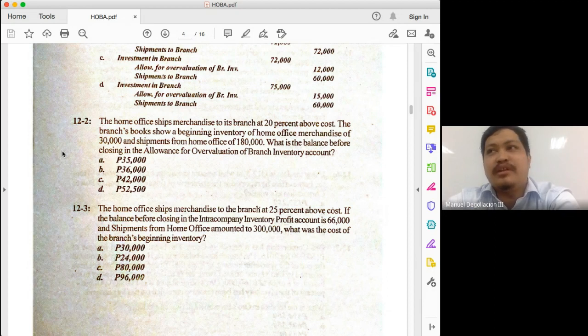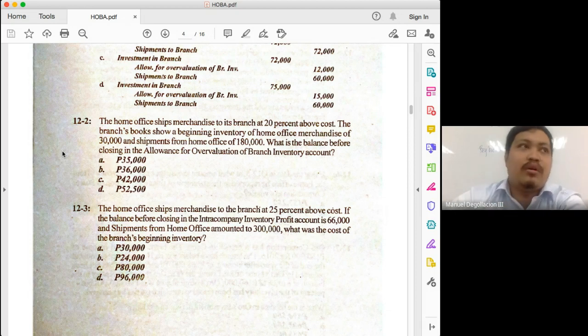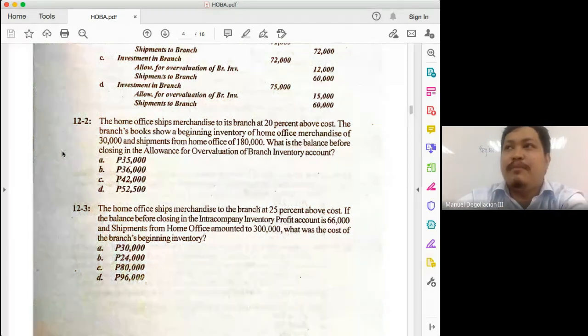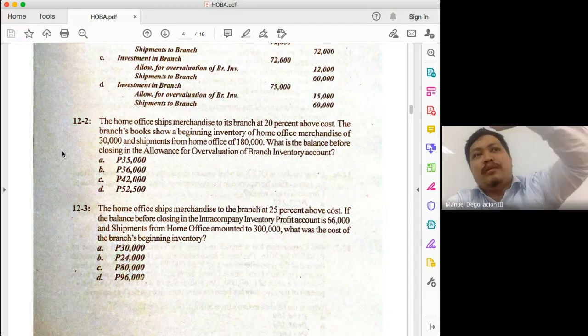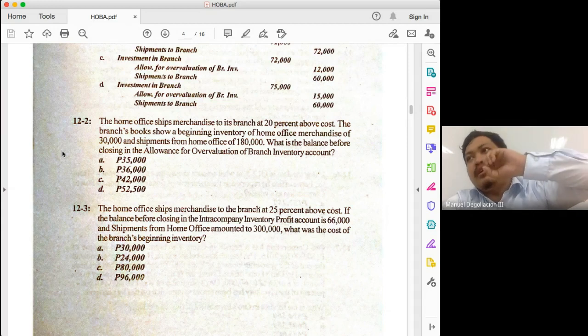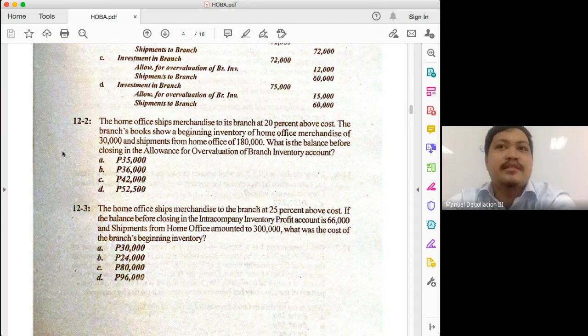Okay? And I hope you understand why we will have to use the previous year's markup rate for our beginning inventory. Because these goods were shipped the previous year. The markup related to our goods forming part of beginning inventory is the markup rate from the previous year. Okay? So I want you to always compute for the markup on the beginning and then the markup on the shipments. Okay?